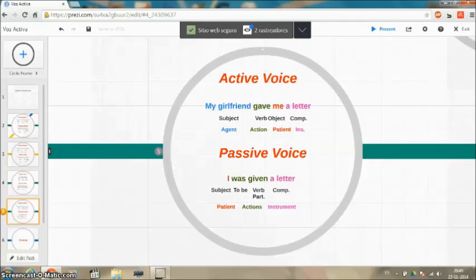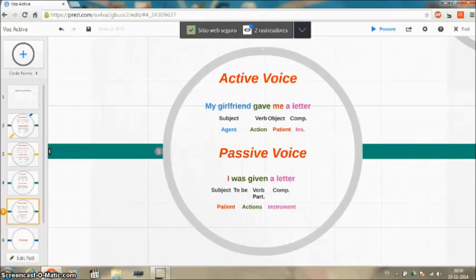Another example. My girlfriend gave me a letter. This is a transitive verb, the verb to give. Here the subject, the agent, is my girlfriend. The action is gave. The patient is me, as I stated above. A letter is an instrument.